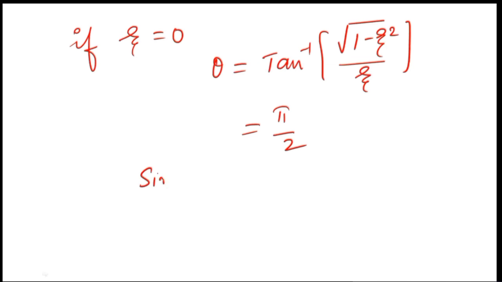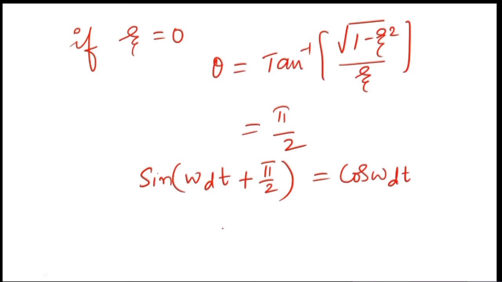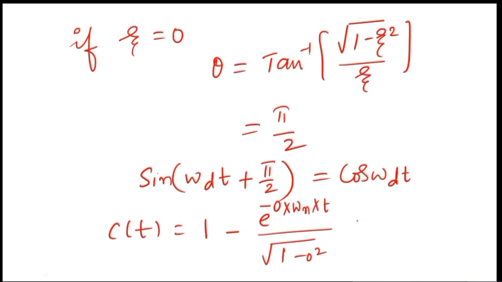Then sine of omega dt plus pi by 2 is equal to cos omega dt. So the response C of t is equal to 1 minus e power minus 0 into omega n t by square root of 1 minus zeta square into cos omega dt.